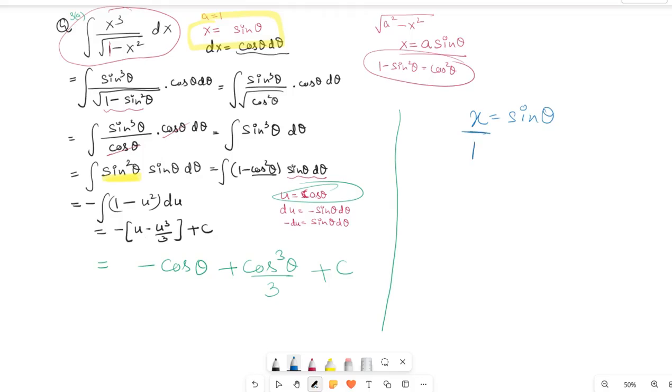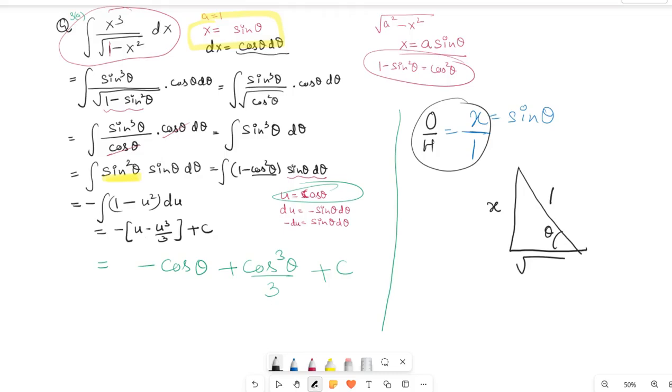There's nothing in the denominator, so it can be written as x by 1. If I use my right angle strategy, and this angle is theta, sine theta is usually opposite by hypotenuse. So opposite can be treated as x and hypotenuse as 1 using these two comparisons.